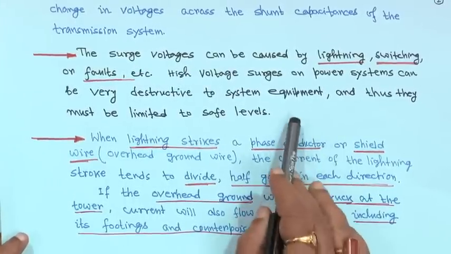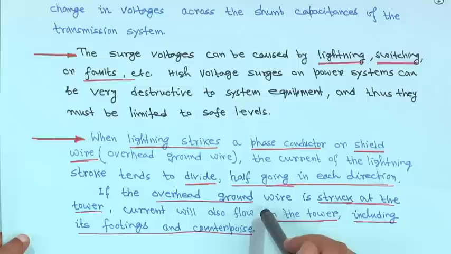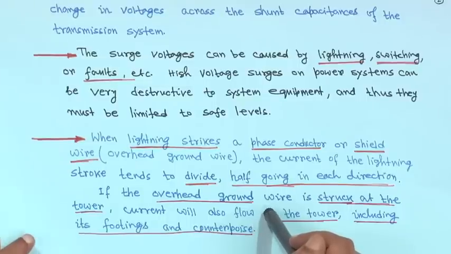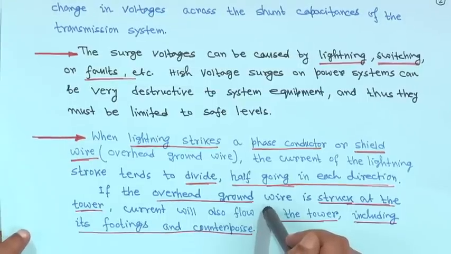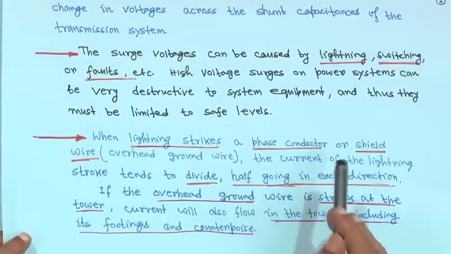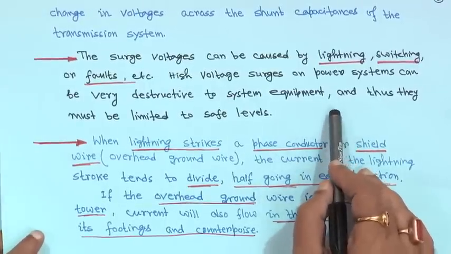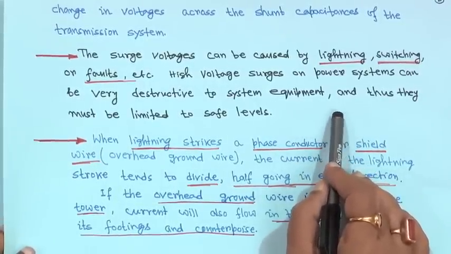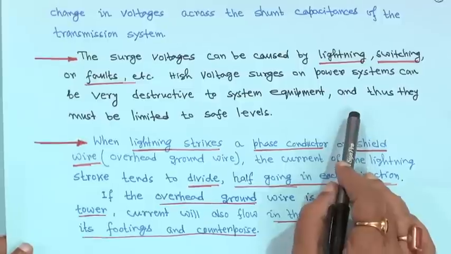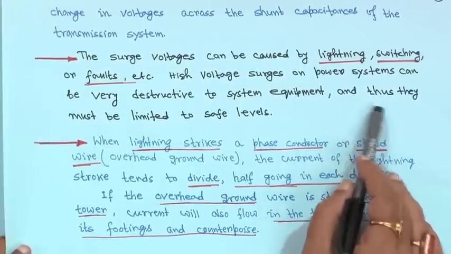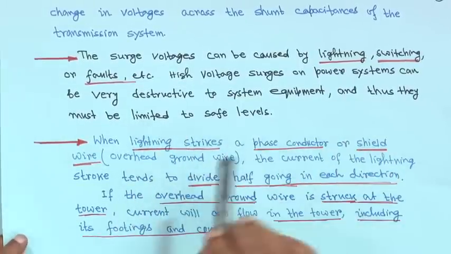Suppose a lightning stroke is there on the tower or on the shield wire, that we will see later, then the travelling wave travels on both sides. So, a lot of protection you have to take care of for this very short duration voltage surge. Thus, surges must be limited to safe levels.